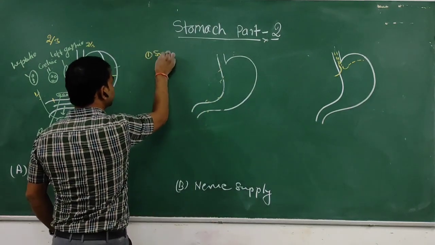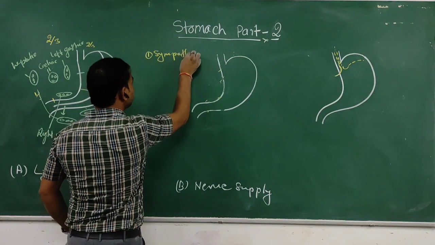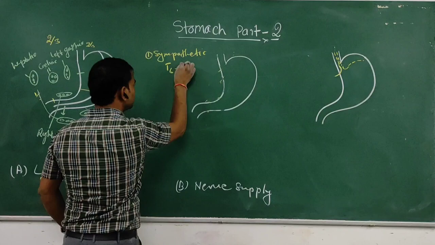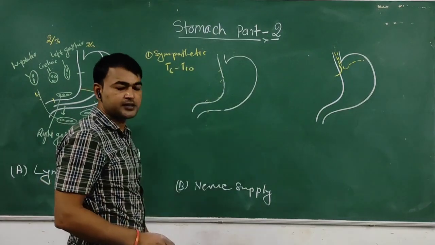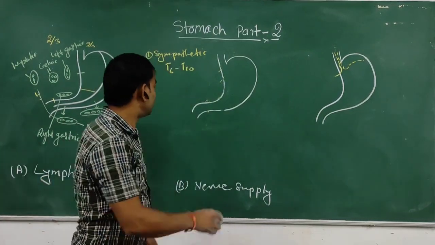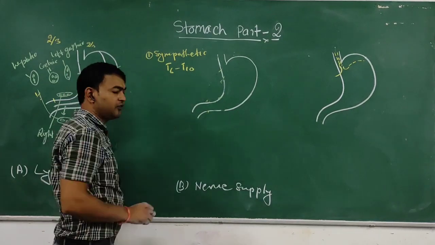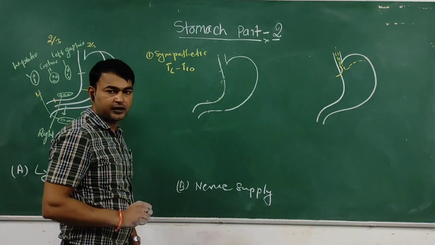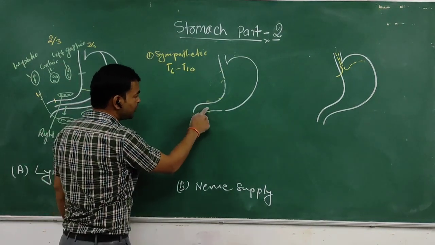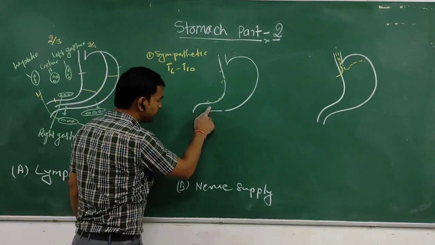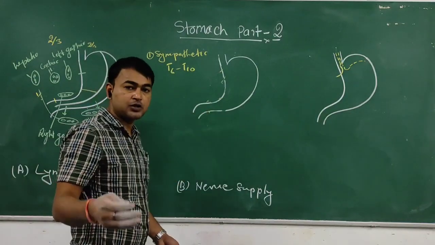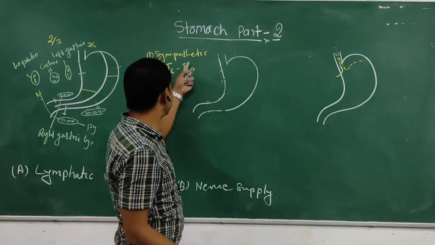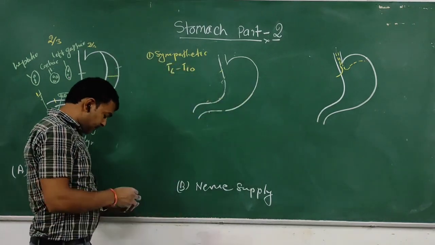So sympathetic is from T6 to T10 of the spinal segment, which is vasomotor in function and motor to the pyloric sphincter, and inhibits the gastric muscular activity of the stomach. So this is the sympathetic nerve supply.